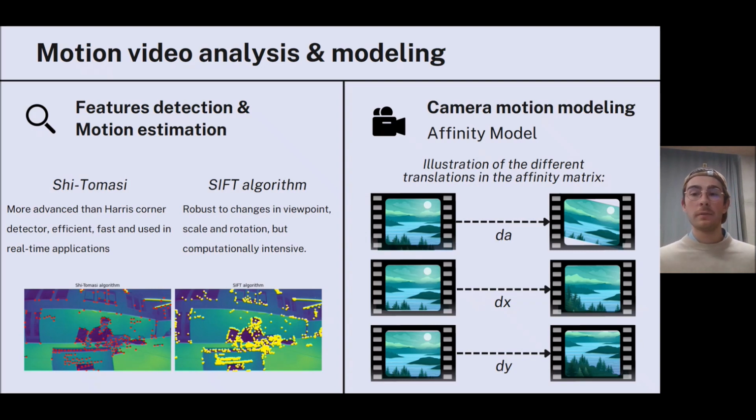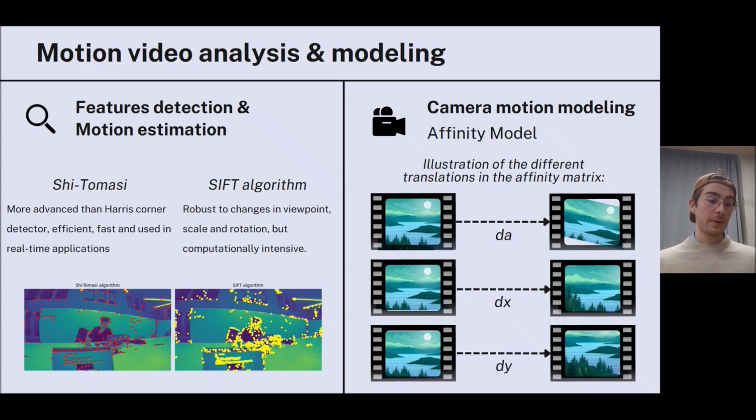Concerning the camera motion modeling, there are several methods used to describe and model a camera motion. And the one we chose to use is the affine model, which encompasses most of the advantages of the similarity model, which only considers the horizontal and vertical translation, but with the possibility to also consider the shear, as you can see below, which is dA, and basically represents the rotation of the image from one frame to another.